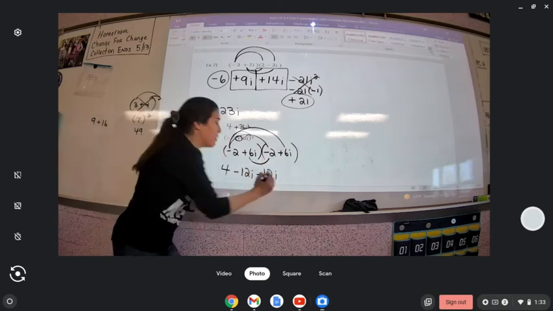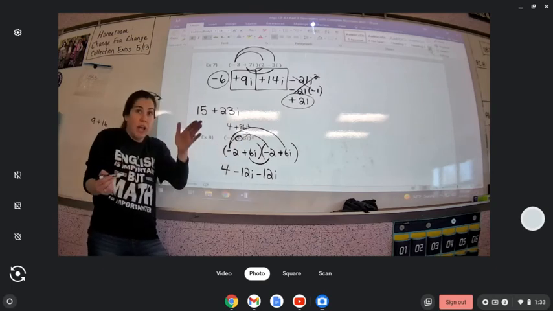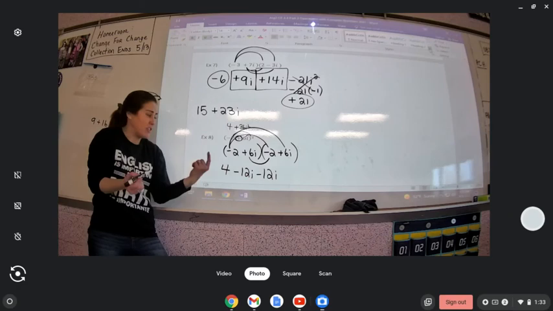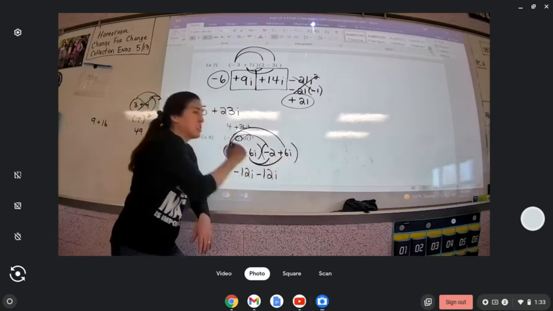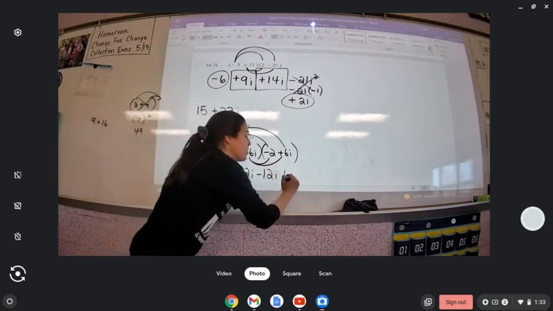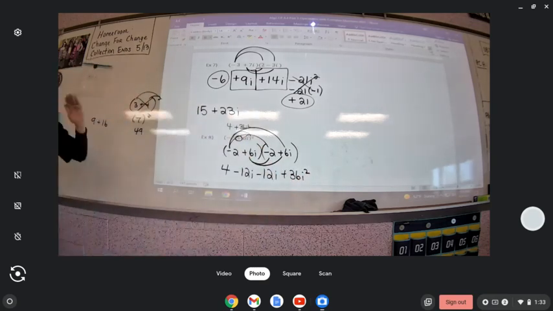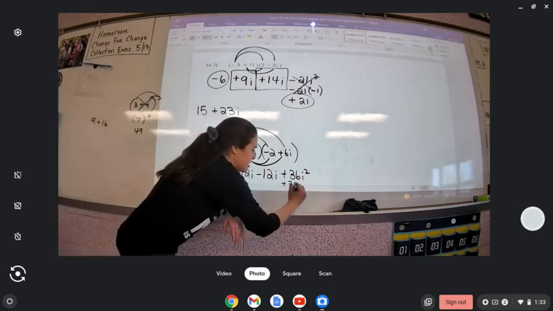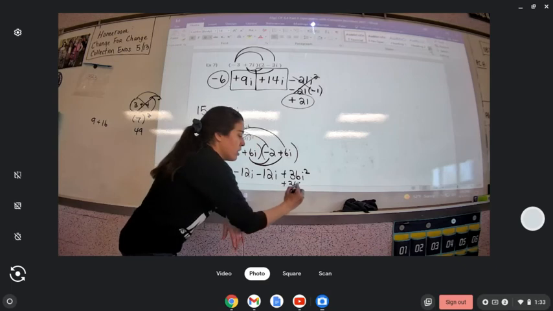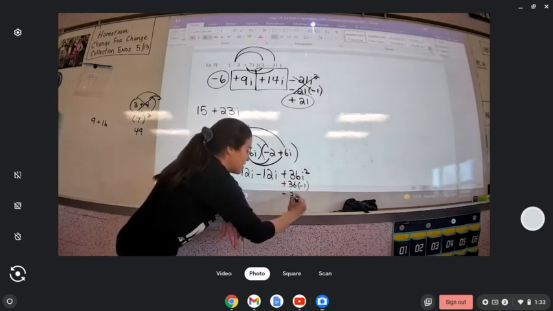Now, normally with these squaring ones, you end up with the same middle term twice. They don't cancel because they're both negative, but you get the same term twice. And then last, what's a positive 6i times a positive 6i? 36i squared. And then I go right for that i squared. Let me fix it. That's really a positive 36 times negative 1, which really makes that a negative 36.